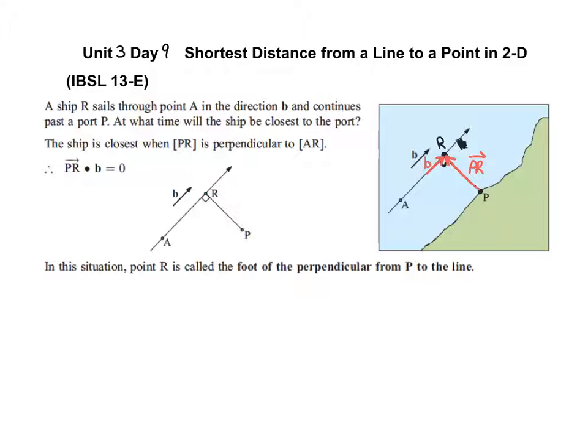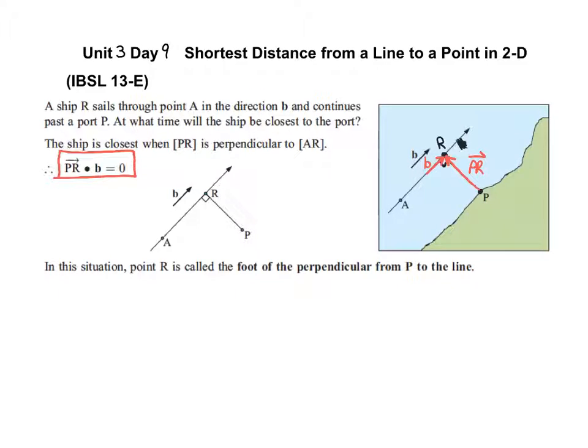These would have to be orthogonal. And we said orthogonal vectors, or ones where the angle is perpendicular, are ones where the dot product equals 0.